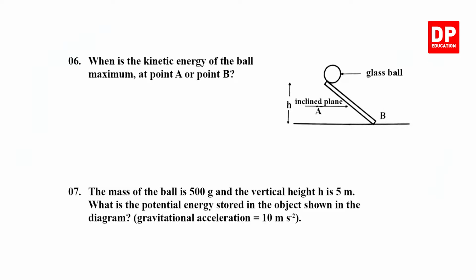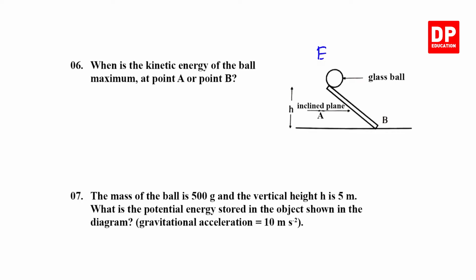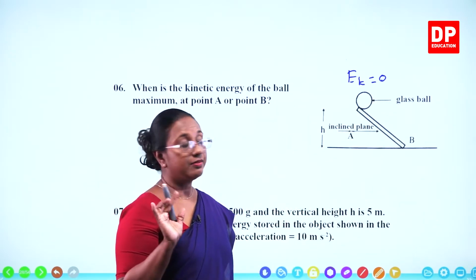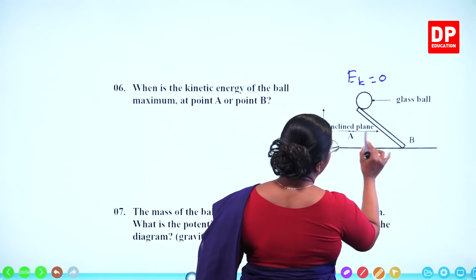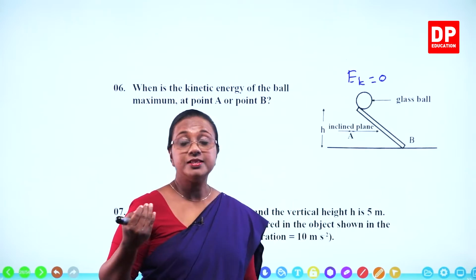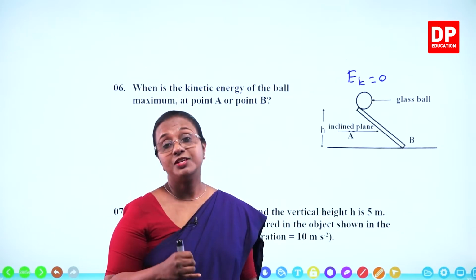Sixth part of the question and the same diagram again. So if we look at the question there. When is the kinetic energy of the ball maximum at point A or point B? Now here you can see kinetic energy is E kinetic is 0 here because at this position ball is at rest. But when it is moving down, at this point there will be a certain velocity. You all know, although it is coming down the inclined plane, there is an effect of the gravitational acceleration.